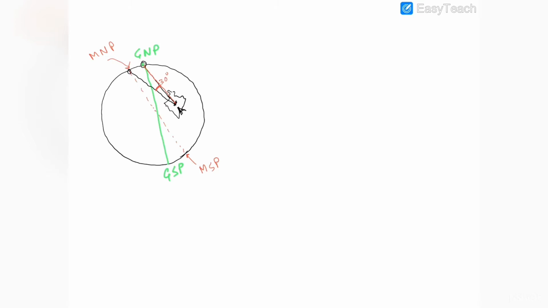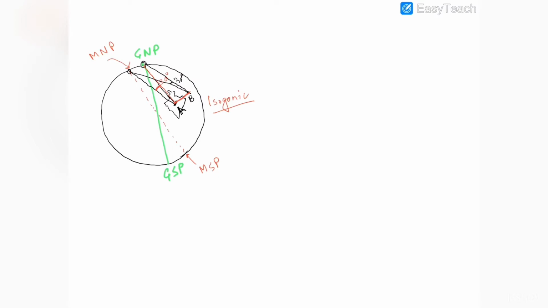If we can find another place B whose declination angle is also 30 degrees, then the line joining A and B will be called an isogonic line. You know, in geography, iso signifies something similar, like isobars, the line joining areas of the same pressure.